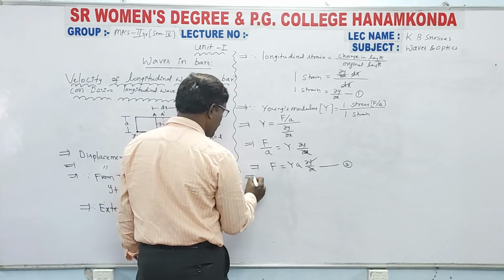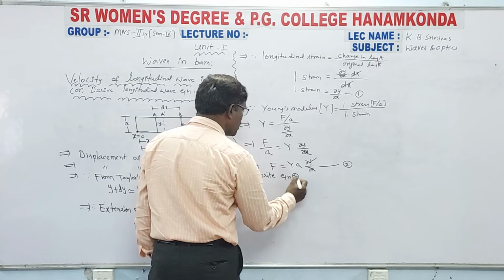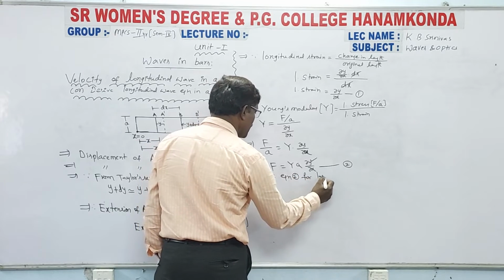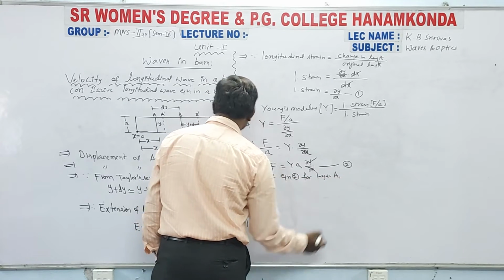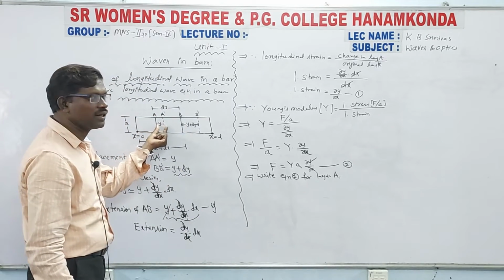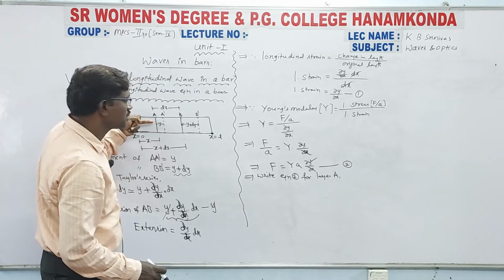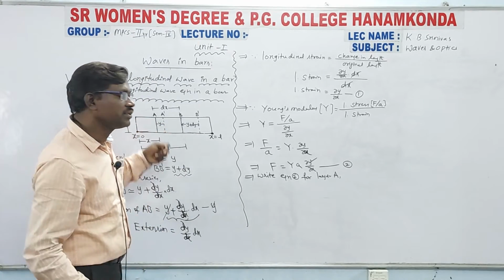Just to write equation 2 for layer A, concentrate on layer A. What is the displacement of layer A? y only. So, how much force is acting on this layer A by the longitudinal wave?